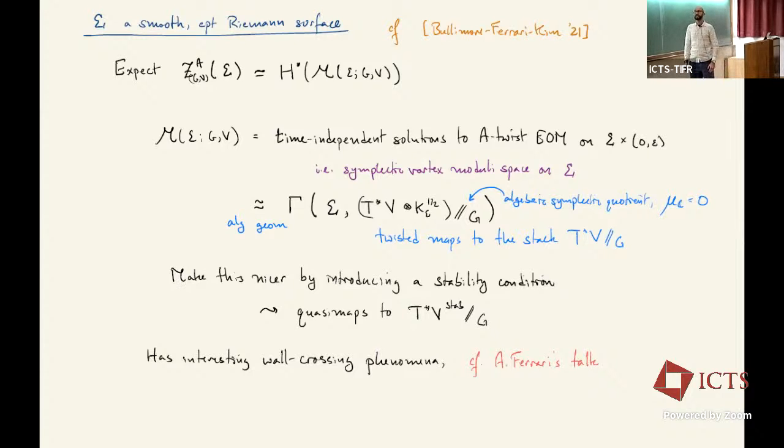And that leads to something like quasi-maps into a resolved symplectic quotient, or maps into the stack with stability conditions. And the dependence on stability conditions has interesting wall crossing phenomena, which I think Andrea will talk about later today, perhaps. Unless the plan has changed.